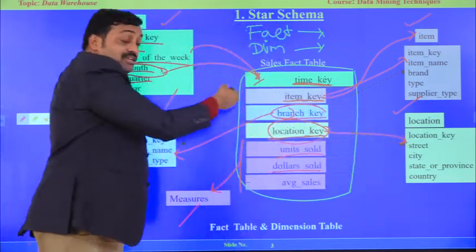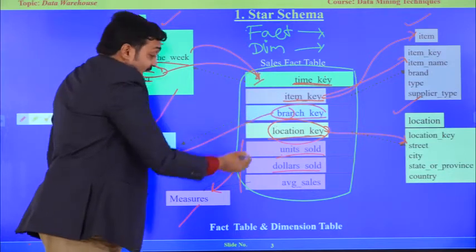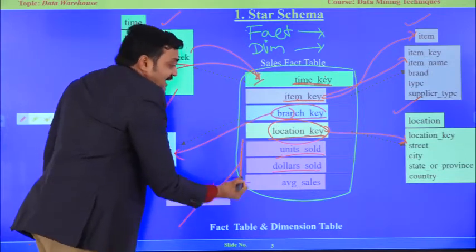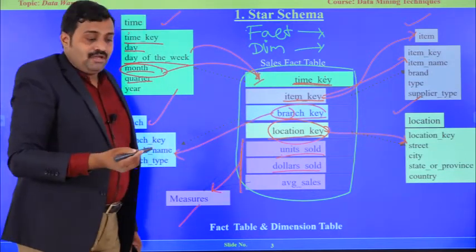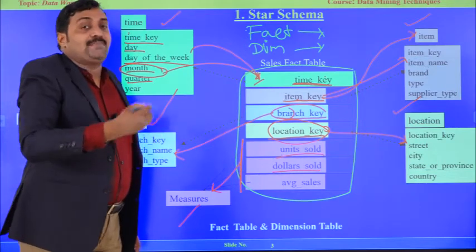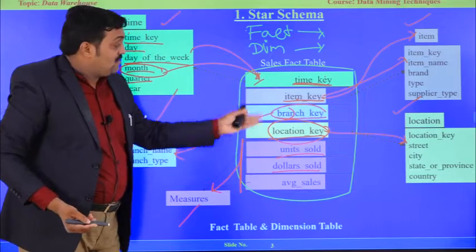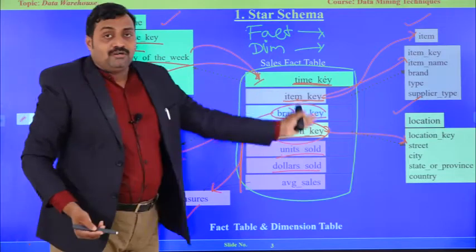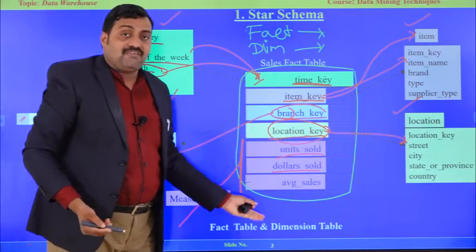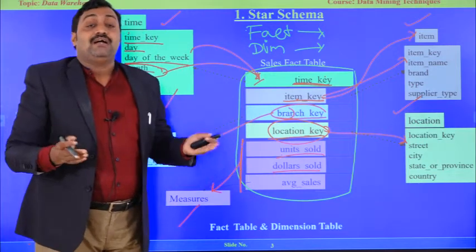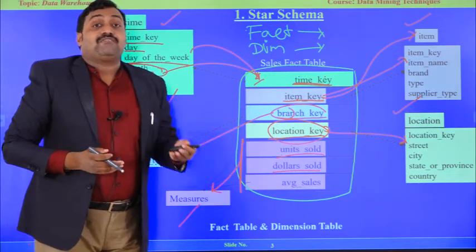All the information is available in the fact table, and what I need is the average sales of a particular branch. Because all four keys are available, that data is derived to the fact table and the measures are available, so we can identify the average sales of a particular branch.